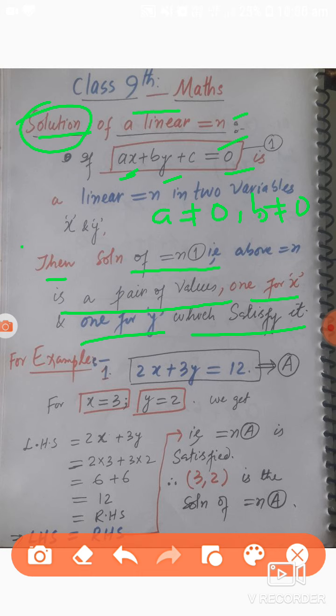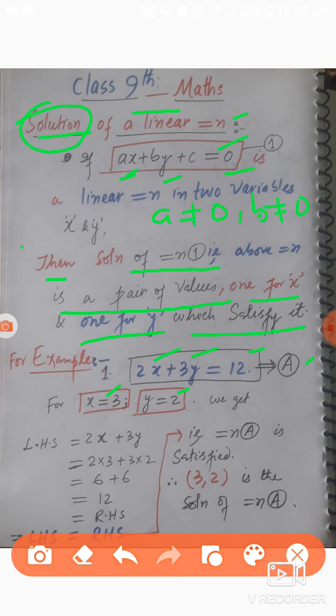Let me understand it by stating an example. Here is a linear equation in two variables: 2x plus 3y equal to 12. It is a linear equation in two variables x and y. Let us say we put x equal to 3 and y equal to 2. We substitute the values of x and y in this equation, which we name as equation A. Then we see what happens to the left hand side.